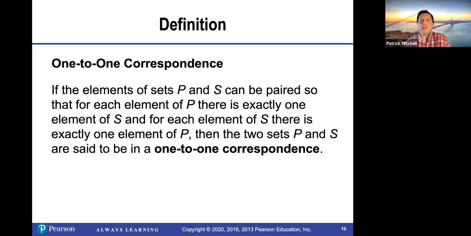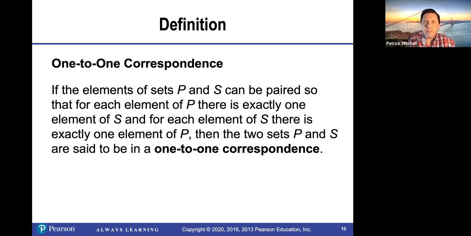All right, a one-to-one correspondence. If the elements of sets P and S can be paired so that for each element of P, there's exactly one element of S, and for each element of S, there's exactly one element of P, then the two sets P and S are said to be in a one-to-one correspondence.